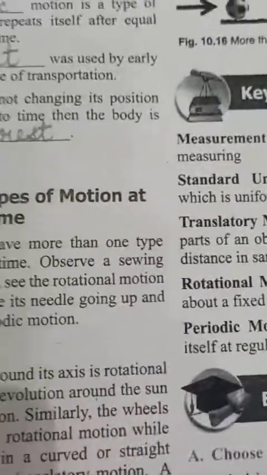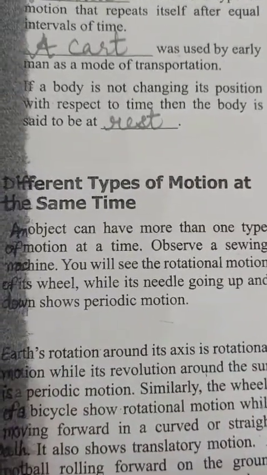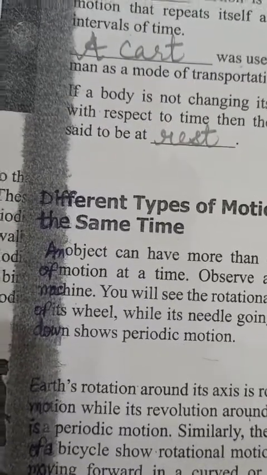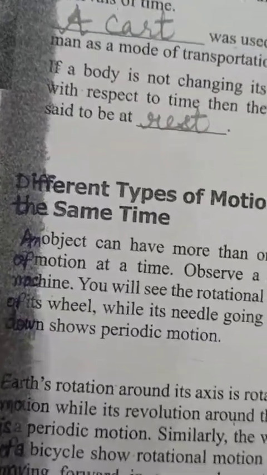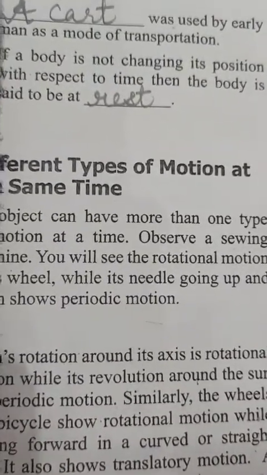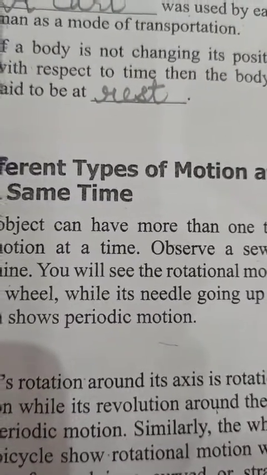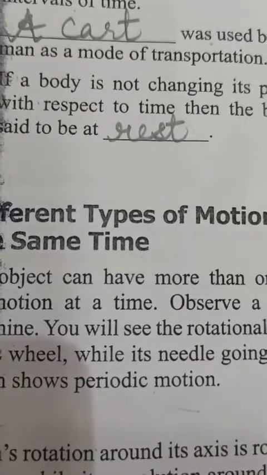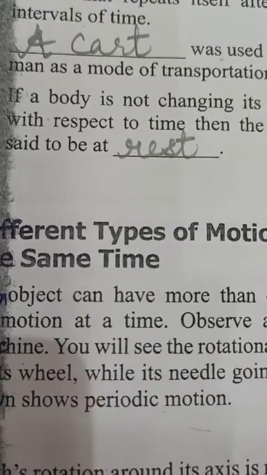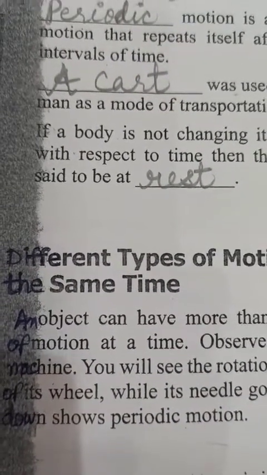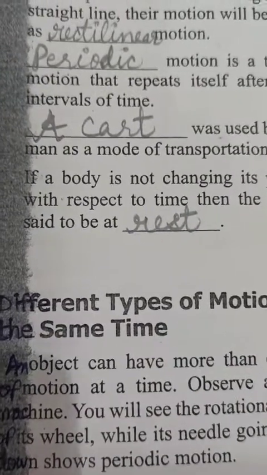Okay, children, this is our last topic of the chapter. So with this, chapter number 10 is completed, and in the next class I'll explain the exercise part, and I'll send you notes of this chapter also.